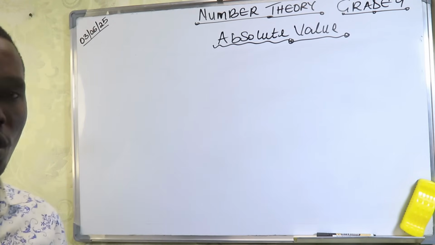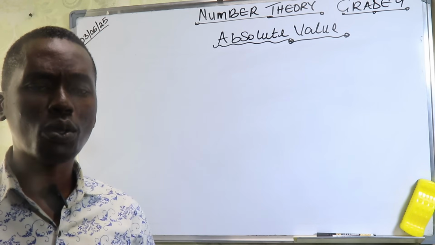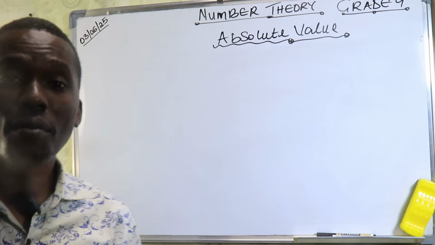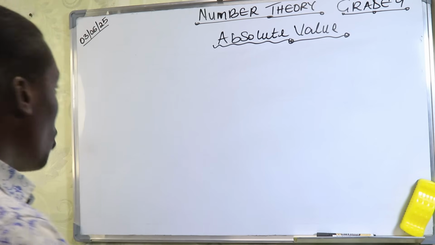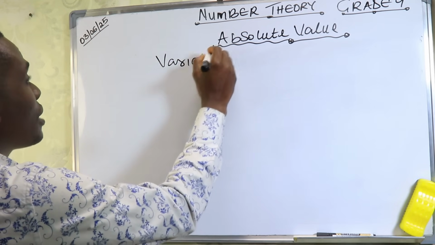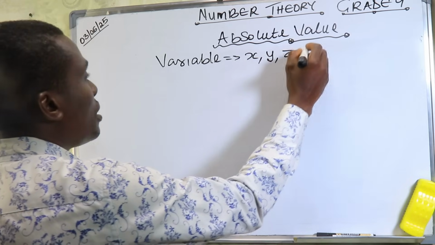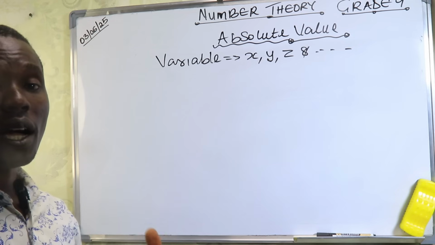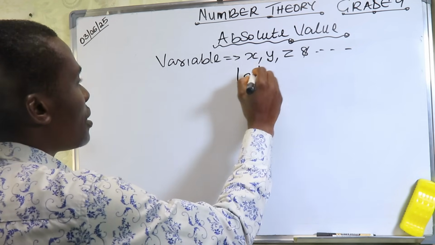Now, let's go ahead to discuss more about absolute value. The absolute value of any value or any variable x is always represented by this term. If we have a variable like x, y, z, and the rest, they are always represented as this.